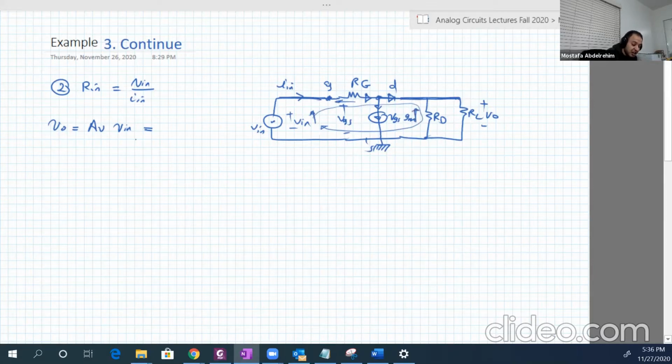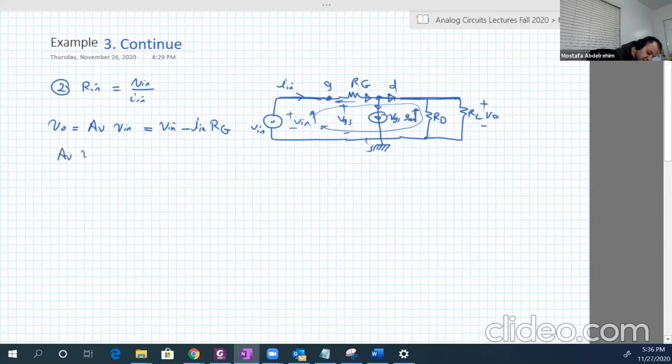So V out is equal to V input minus the voltage drop across RG, which is I input RG. Let's divide both sides by I input.